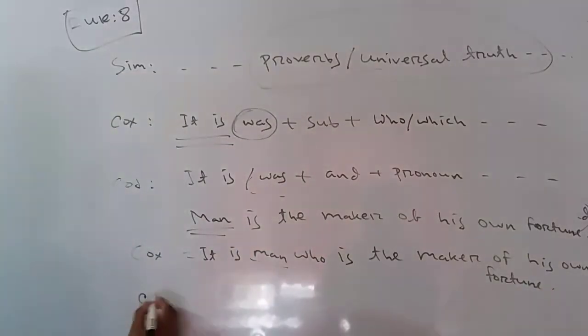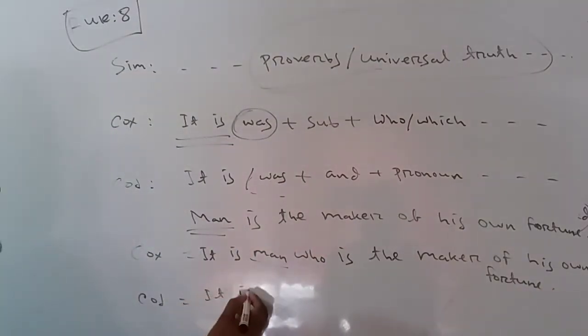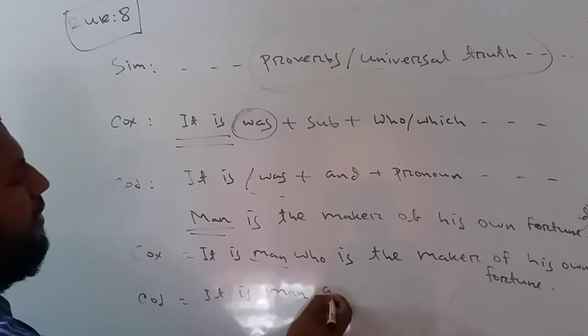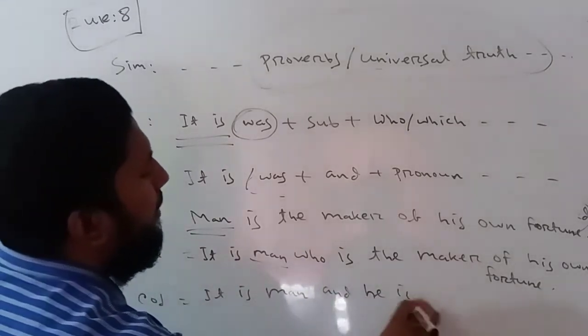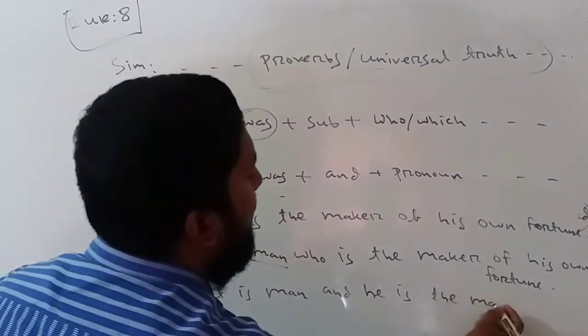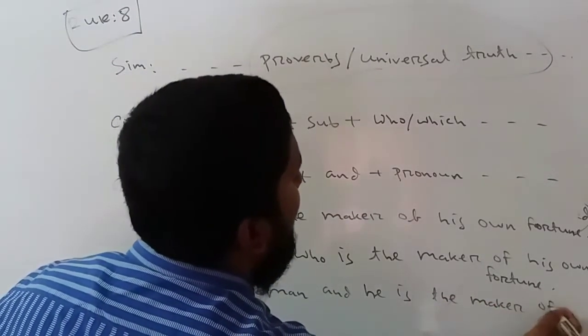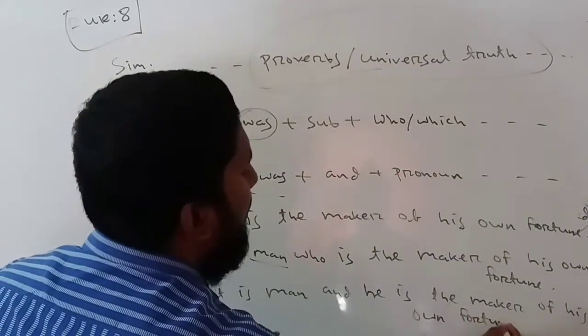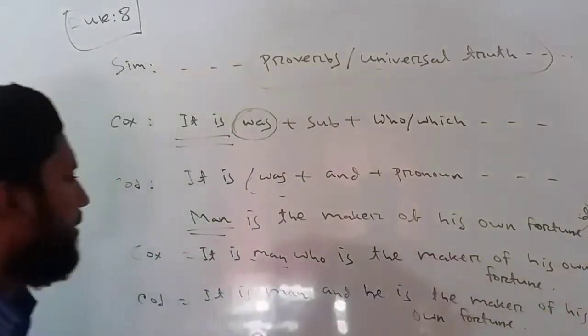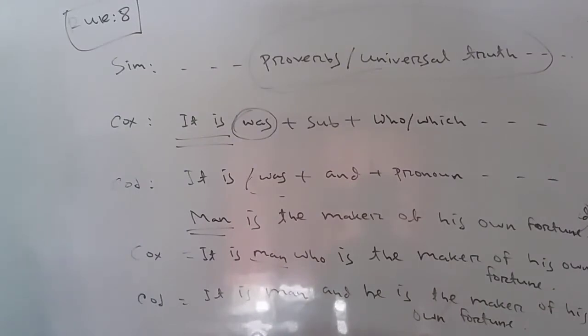For doing compound, it is man and then the pronoun of man, he. He is the maker of his own fortune. I think you have understood the rule number 8.